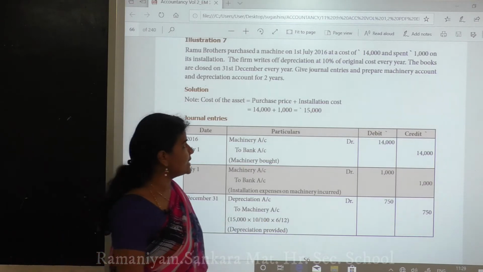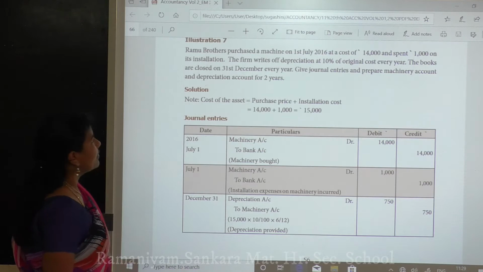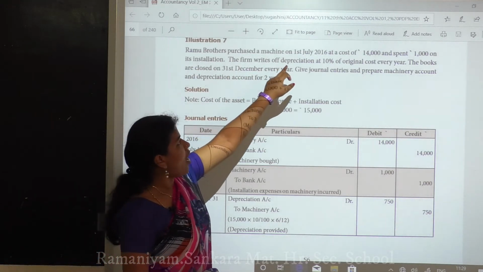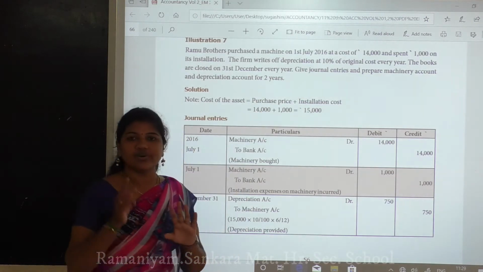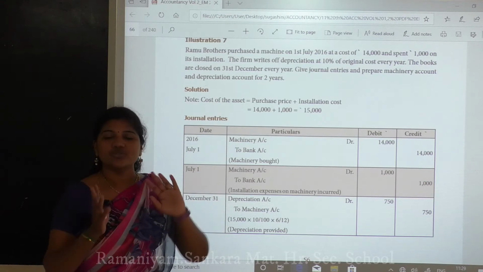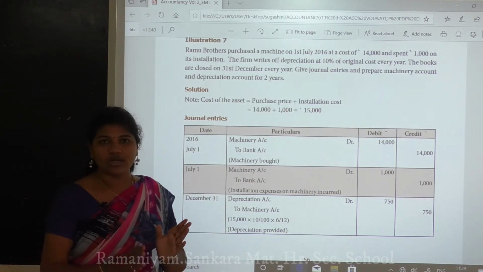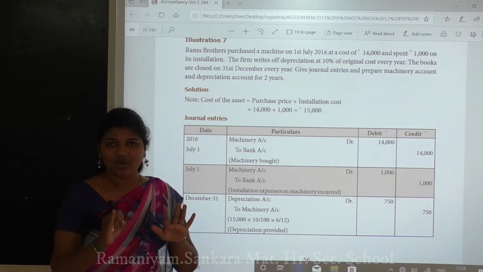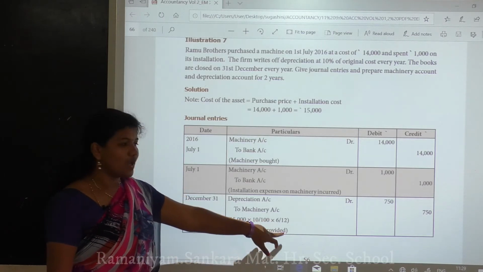How do we calculate the 6 divided by 12? Because Ramu Brothers purchased the machine on 1st July. When do they complete this? December 31st. So from 1st July to December you have to calculate: July, August, September, October, November, December, 6 months. So that is 6 divided by 12.